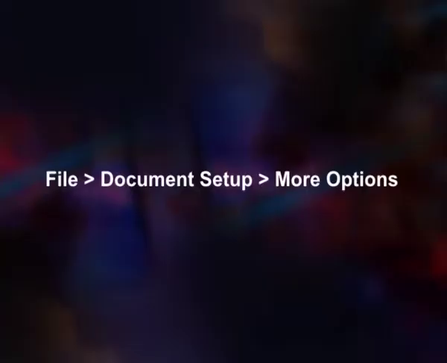These icons interact dynamically with the dimensions you enter in page size. If you enter incorrect information in the document setup dialog box, or if you need to adjust any of this information while you are working, you can make changes anytime by selecting File, Document Setup, More Options.